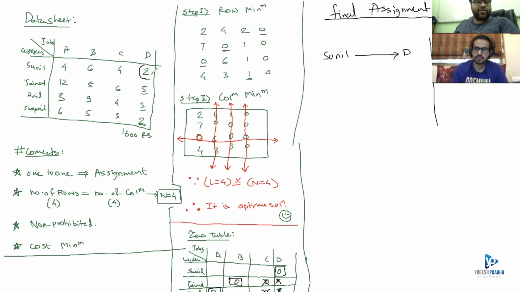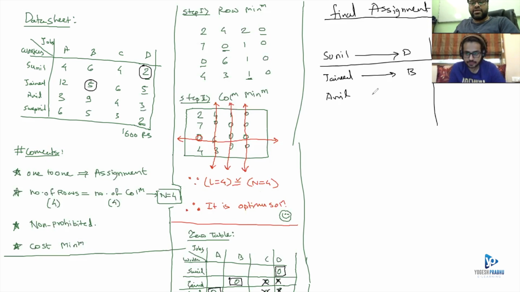We'll see that value from the original table. Then we have Jainil on B, that is 5. Anil on A, which is 3. And Swapnil on C, that is 3 again.